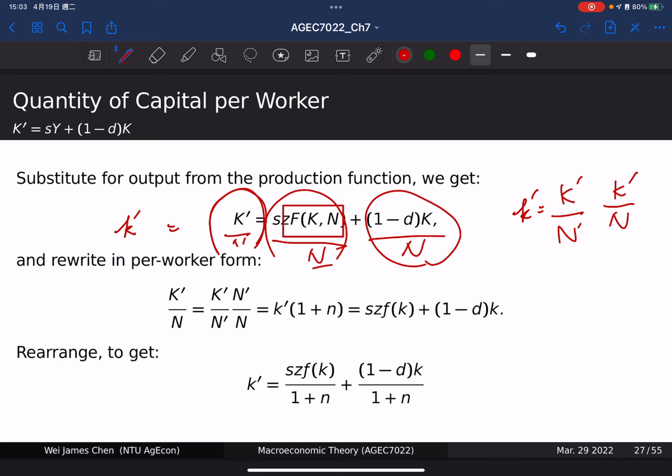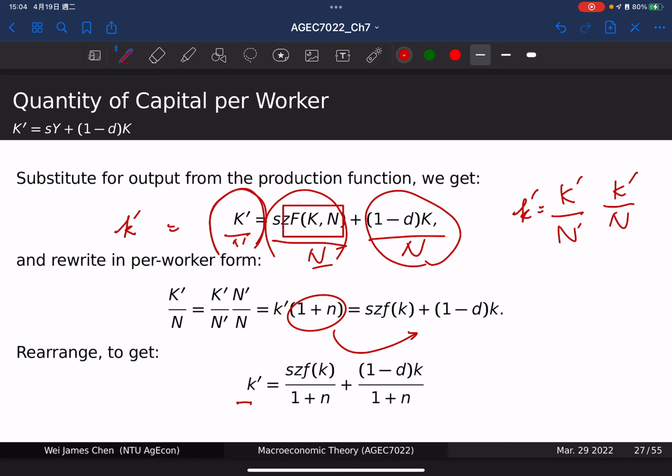And then I can move this 1 plus n to here. You will get an equation that looks like this. That's the next period per worker capital equals szf of k divided by 1 plus n, plus (1 minus d)k divided by 1 plus n.